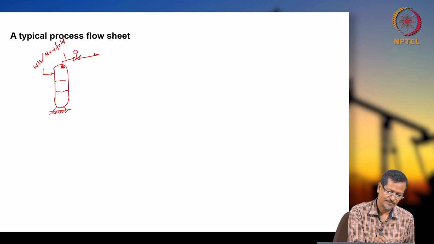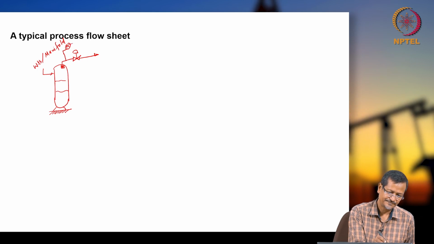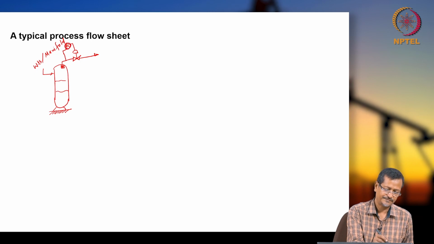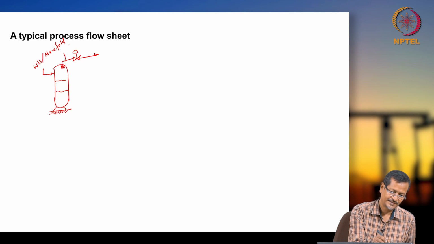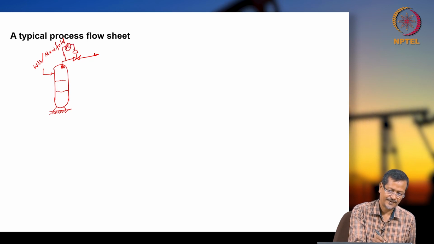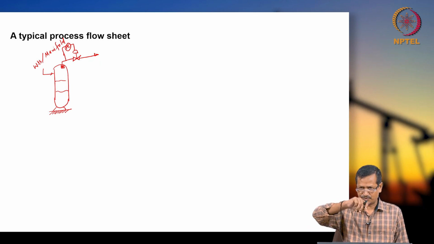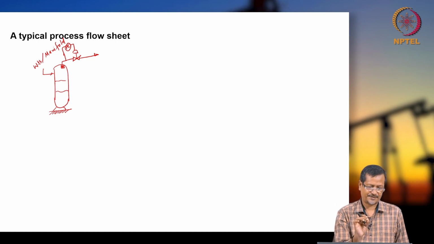So, normally a control valve will be drawn like this, pressure control valve, PC. Based on back pressure also you are controlling your pressure. So, I am putting a pressure control valve there.